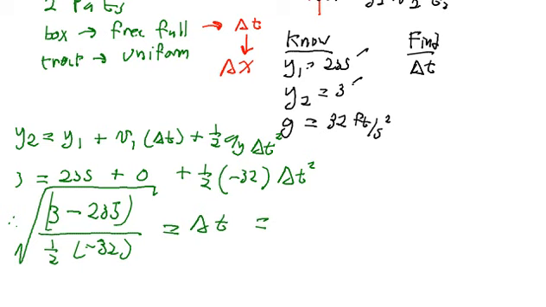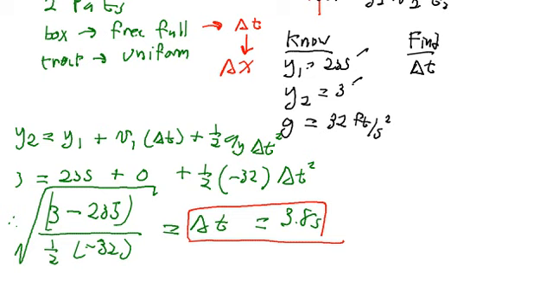That would be equal to 3 minus 235 divided by 16, square root, equals 3.8 seconds. So it takes the package 3.8 seconds to fall from the helicopter to the elevation of the bed of the truck.